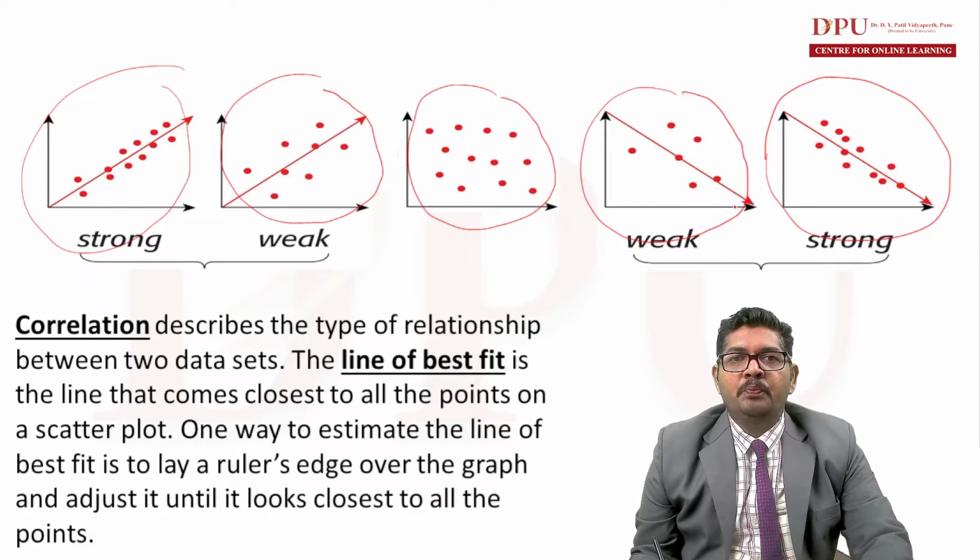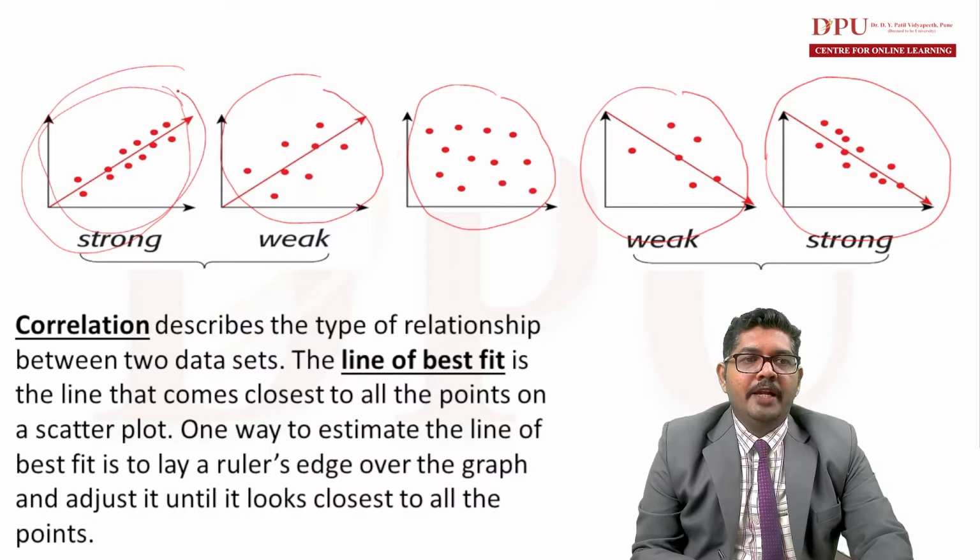So the line should pass through the maximum number of points, and you should keep an equal number of points on both sides. You can see this particular diagram. The line passes through the maximum number of points, with approximately equal numbers of points on both sides of the line. This is the way of drawing the line of best fit.